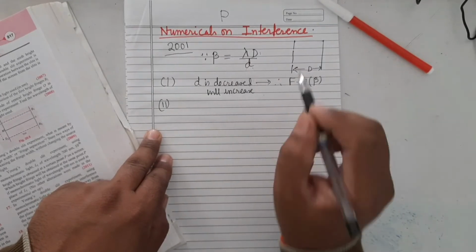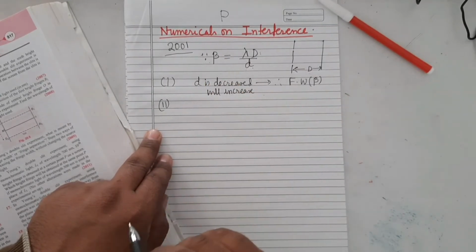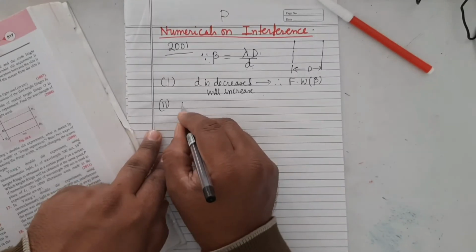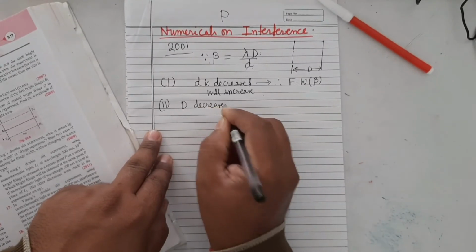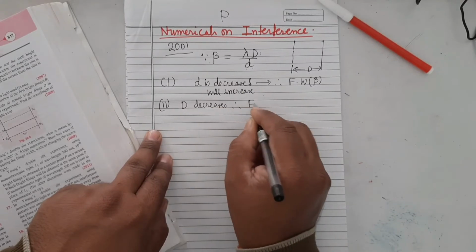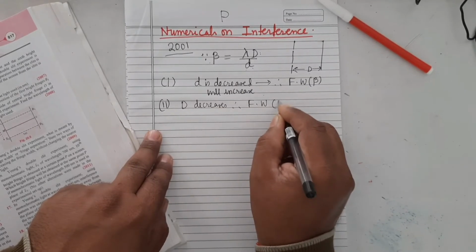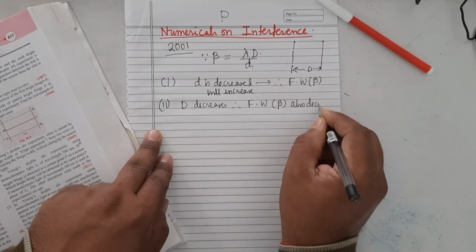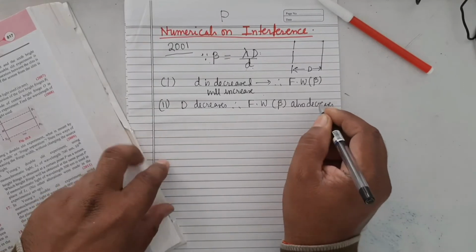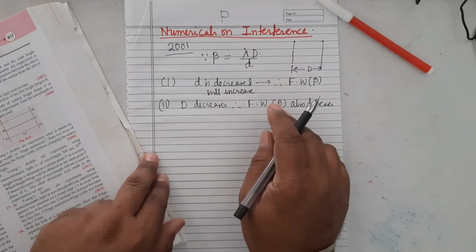Therefore, what will happen? The fringe width will decrease. It's clear? Therefore, fringe width beta also decreases. It's clear?